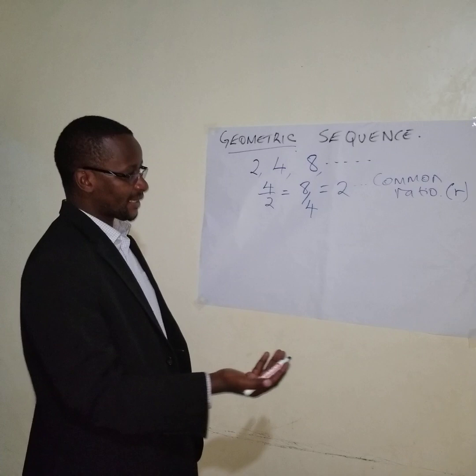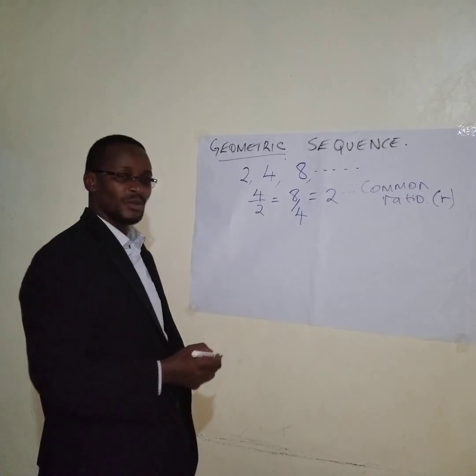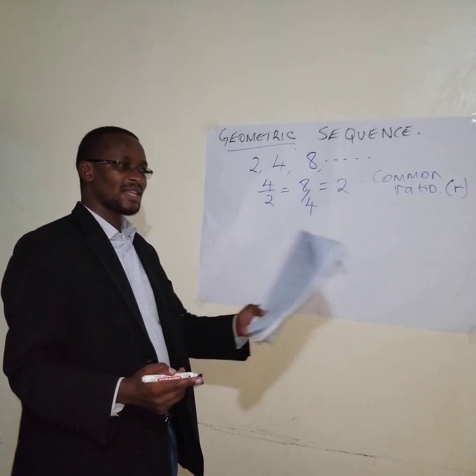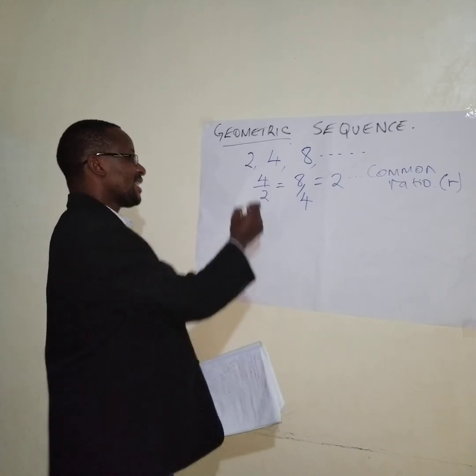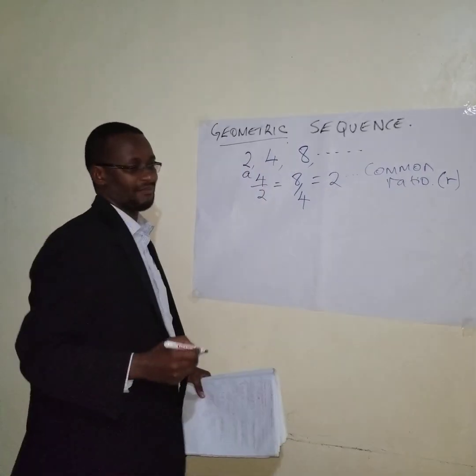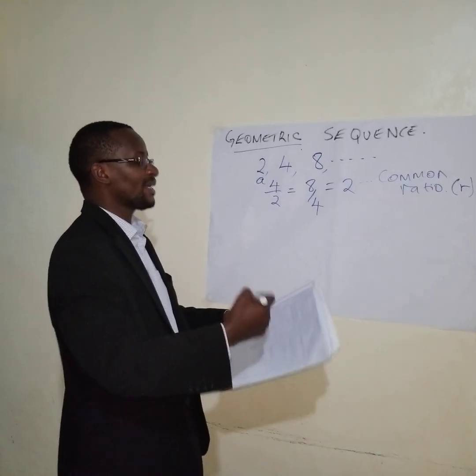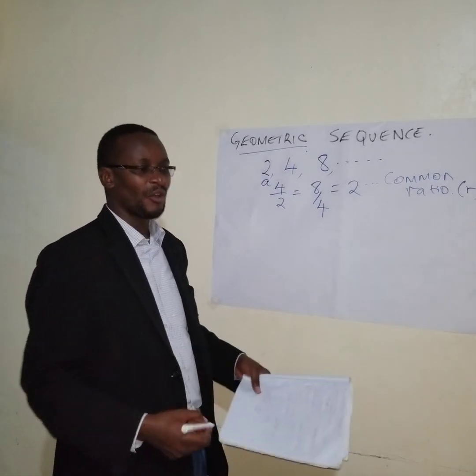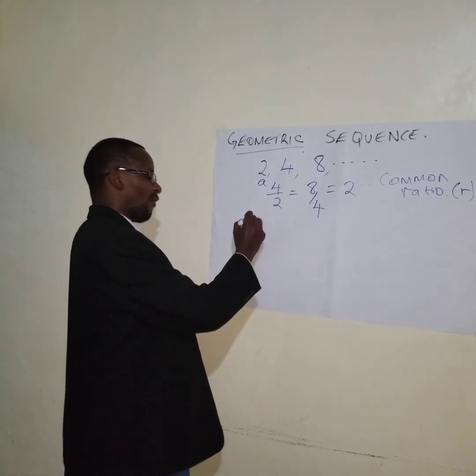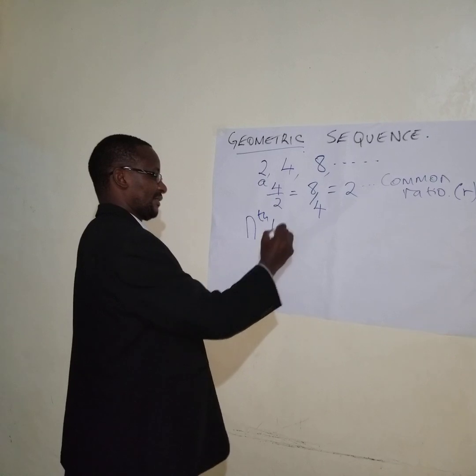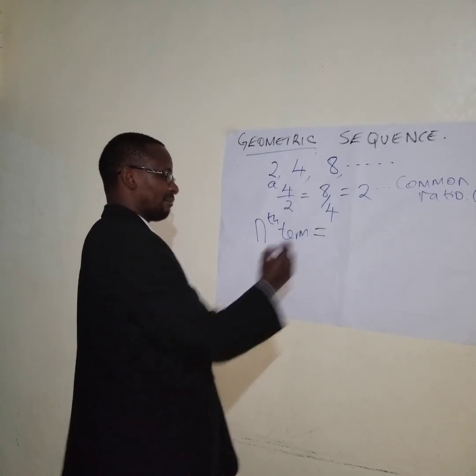So the first term, which is 2, in both sequences, whether arithmetic or geometric, is given symbol A. Now, how do we get the next term or the nth term for a geometric sequence? The formula is simple.